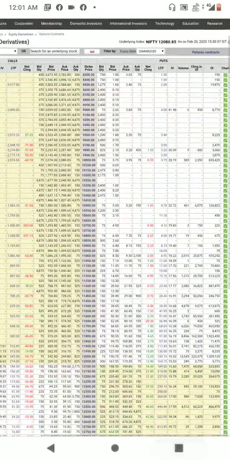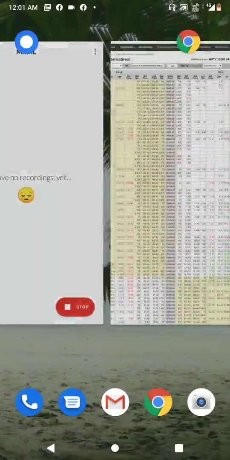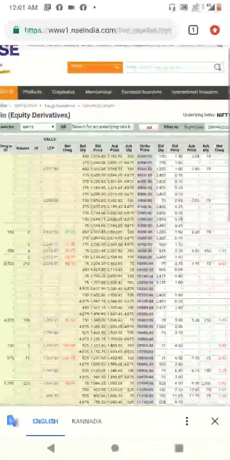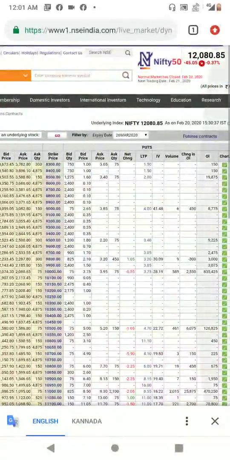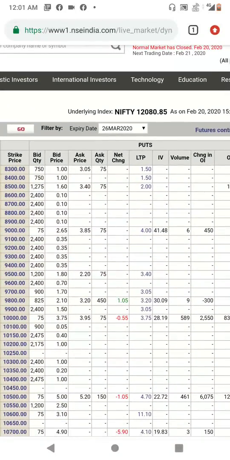Before going into that, this is the option chain. You can see in the picture, on the right hand side, the put option live data.